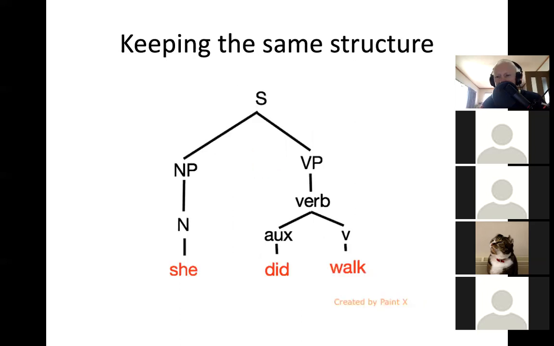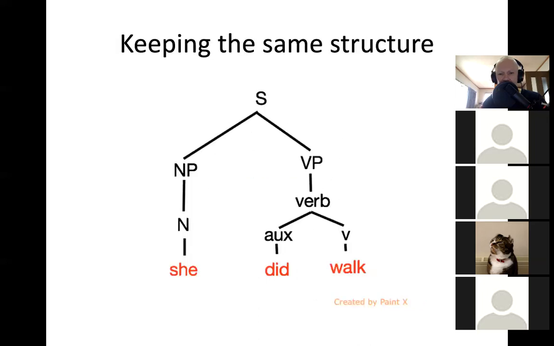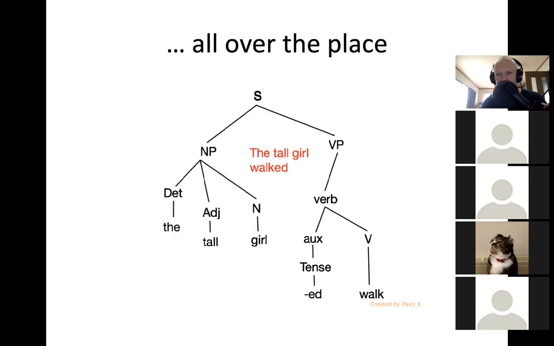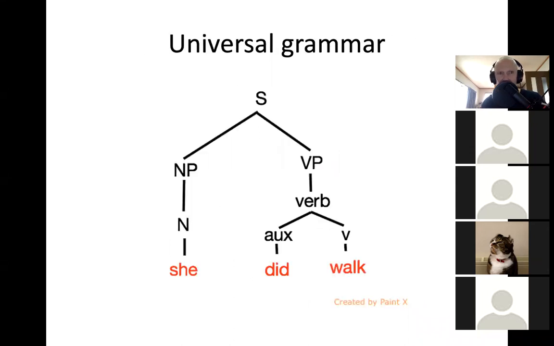And keeping the same structure. So you get the same structure. Yeah? See the same structure there? Right? Aux before the verb, even where it seems that it's after the verb. Yeah, so you have this funny invisible movement. And that's the idea with universal grammar. If we allow funny invisible movement, then maybe everything is the same.